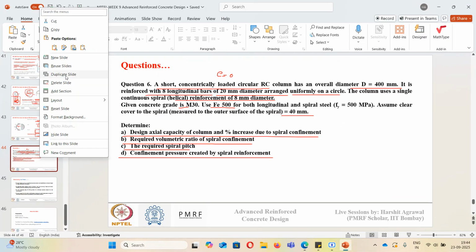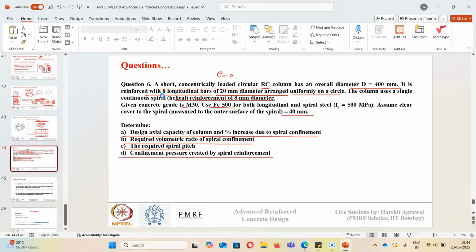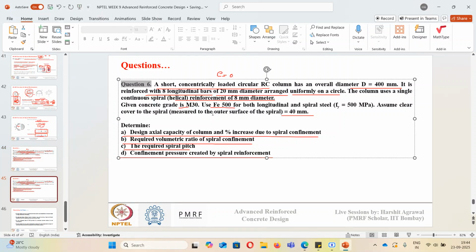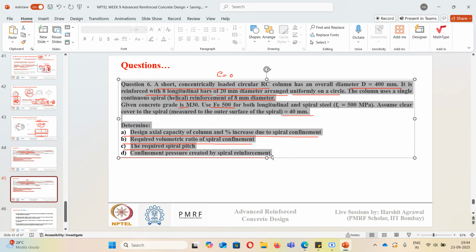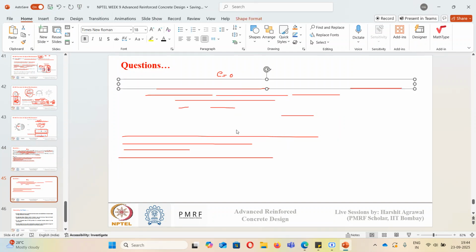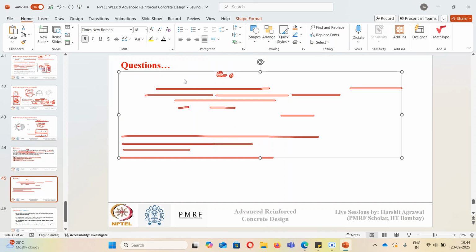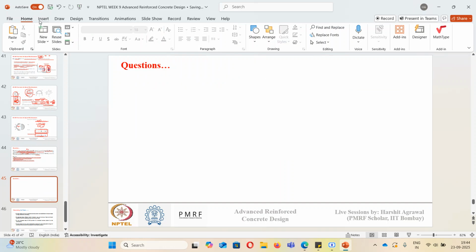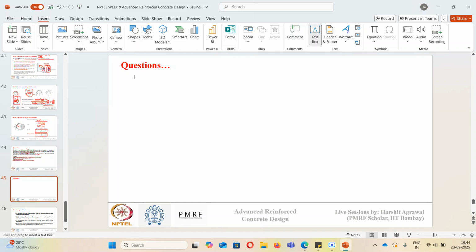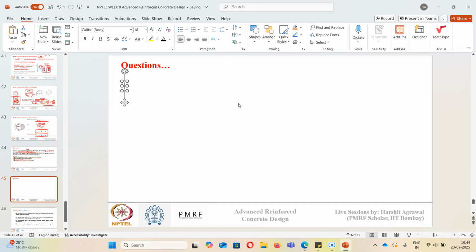First, we need to calculate the axial capacity of the column. What is given to us? We know the diameter of the column is 400 mm.